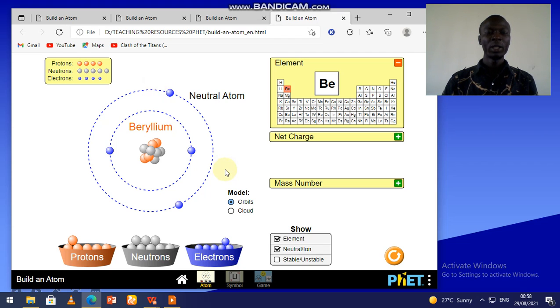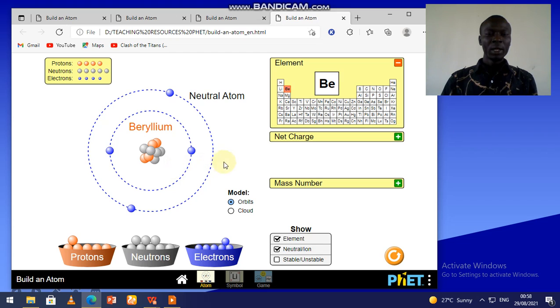So this beryllium atom has 4 protons in the nucleus, 5 neutrons in the nucleus, and 4 electrons in energy levels. The first energy level carries 2 electrons, and the outermost, which is the second energy level, is also carrying 2 electrons. Okay, so it is a neutral atom, because the number of protons, 4, is equal to the number of electrons, 4.